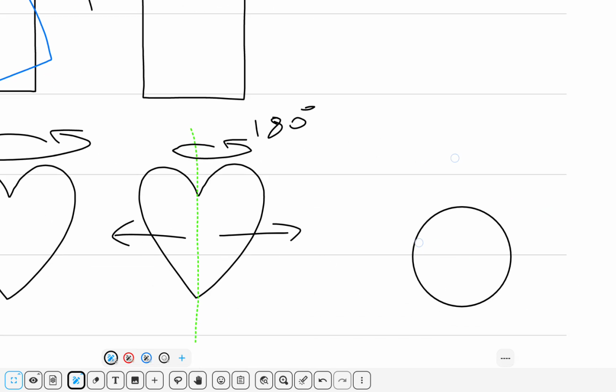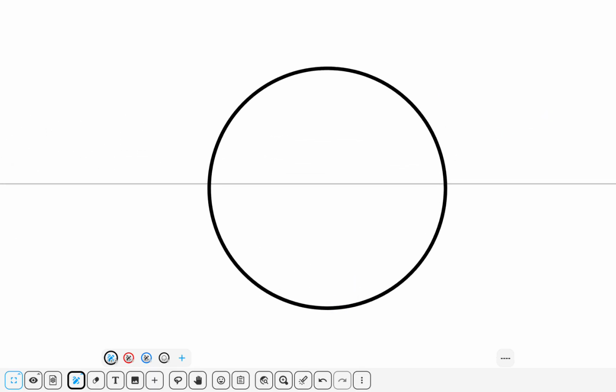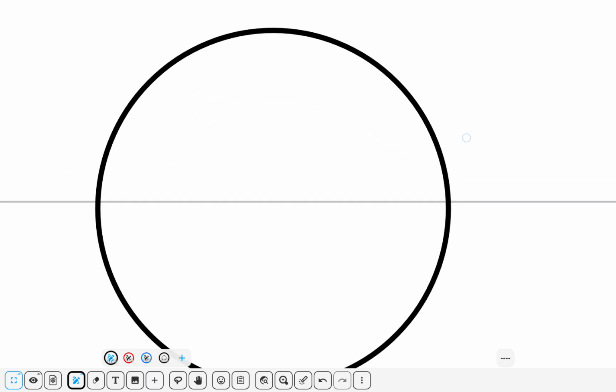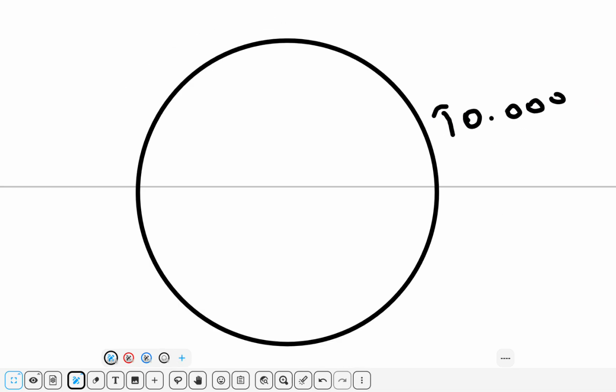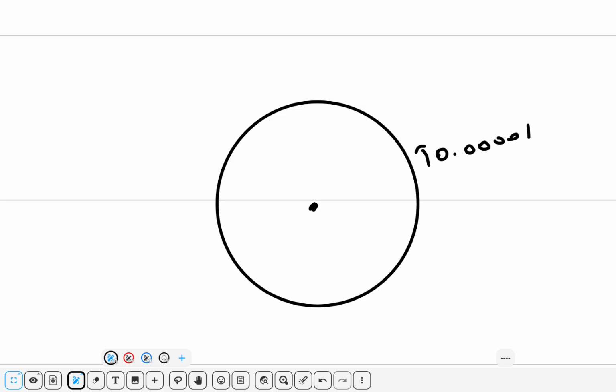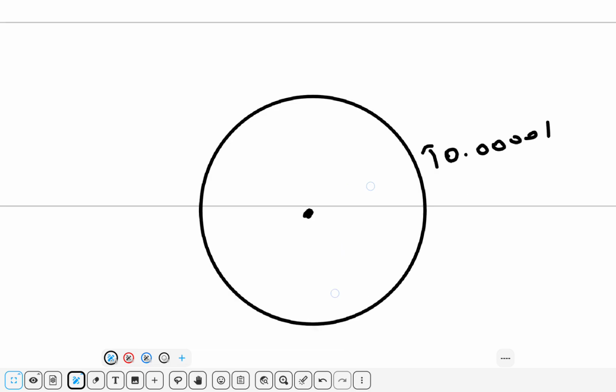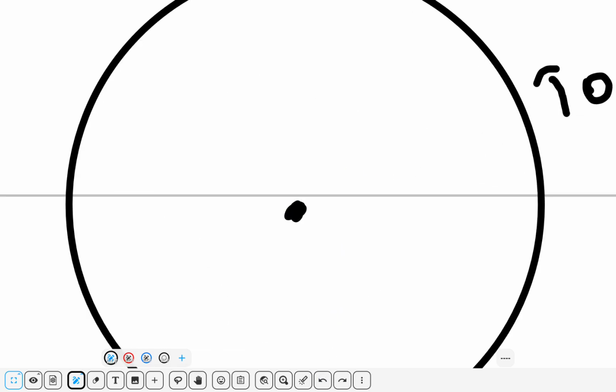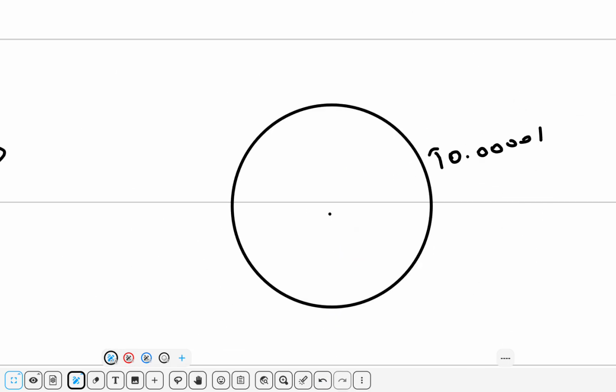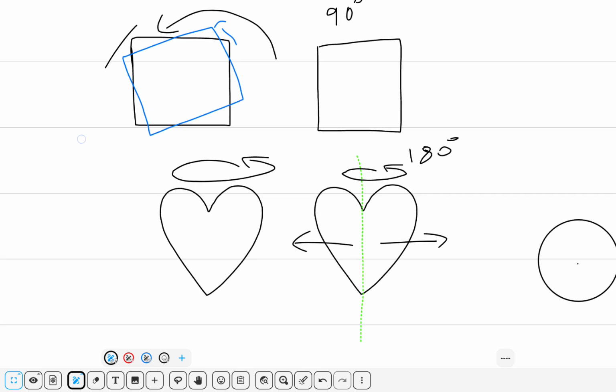But for a circle there is some speciality. Even if I rotate it by, let's say, 0.00001 degrees about the center, you will not be able to tell if I rotated it or not. This is something which a circle can do, and none of these other shapes can do.